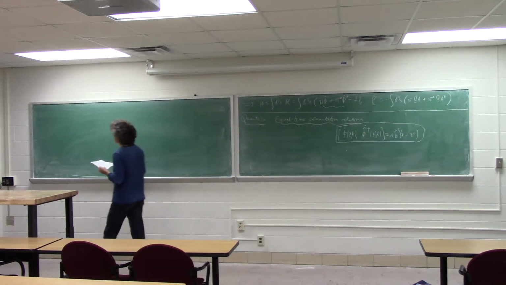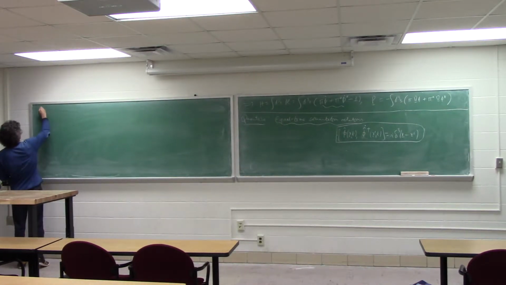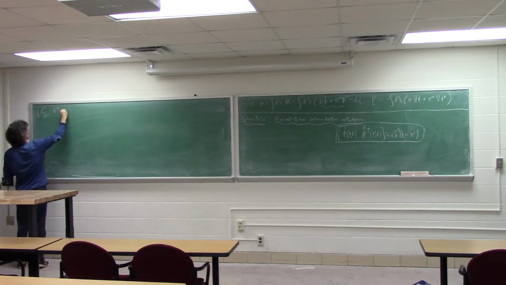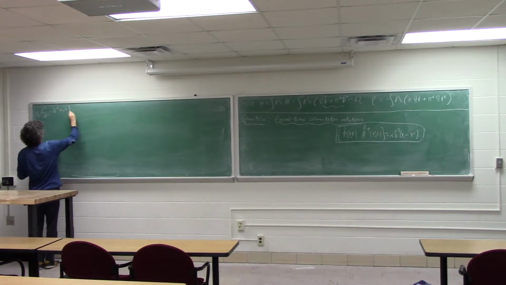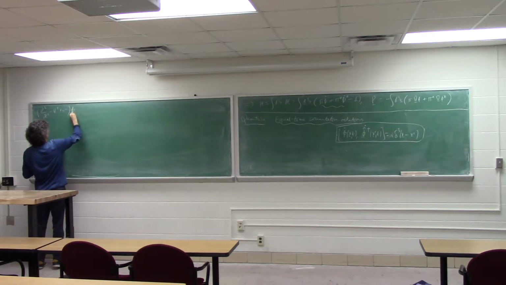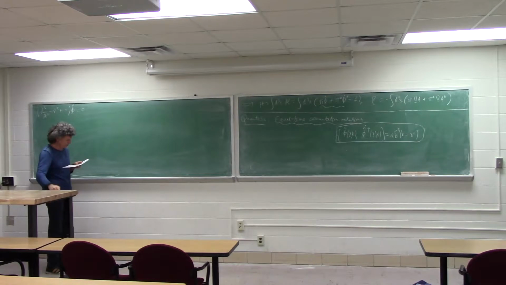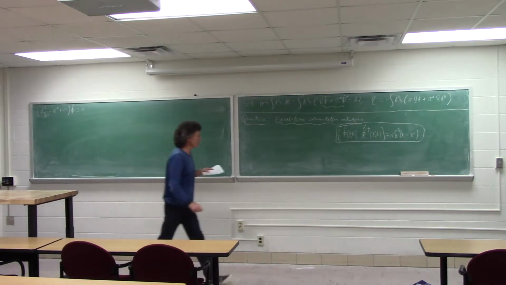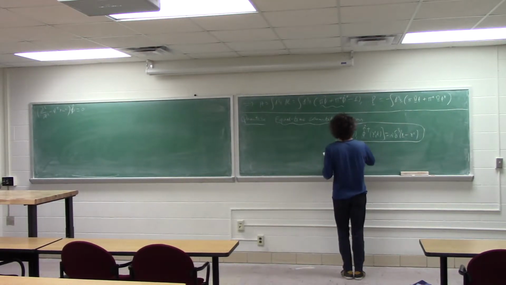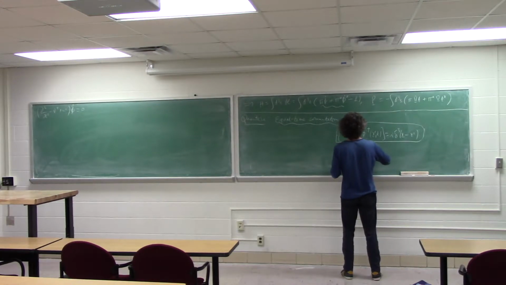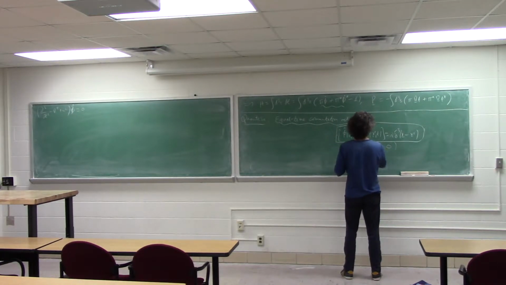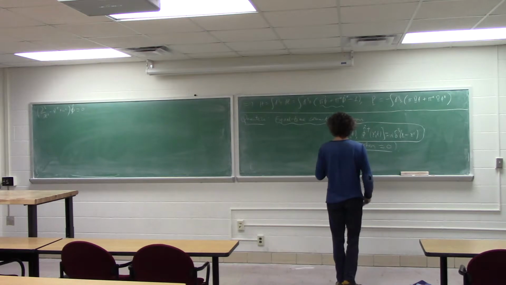So let's just take it that we've got the Klein-Gordon equation for the operator field, and we have our equal time commutation relations. All other commutators are equal to 0.